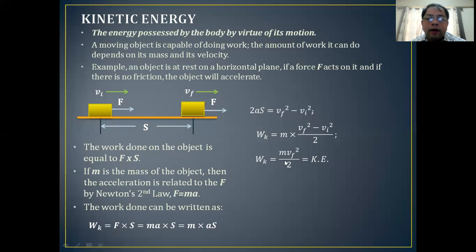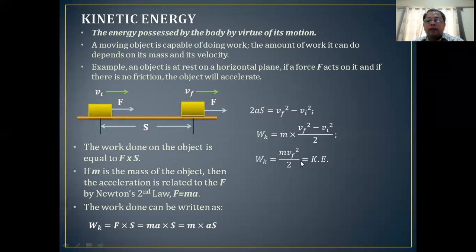So this value, vf squared over 2, becomes just vf squared once the initial velocity happens to be 0, especially when the object started from rest. So we can actually eliminate vi, that is if the conditions allow it. But if there's an initial velocity, then you have to include it in our expression.